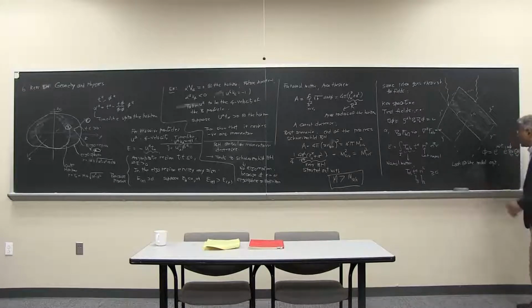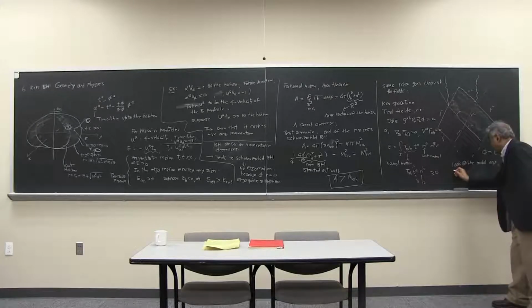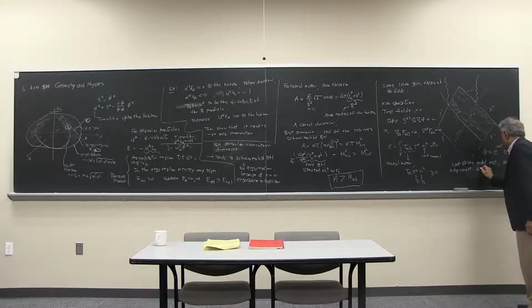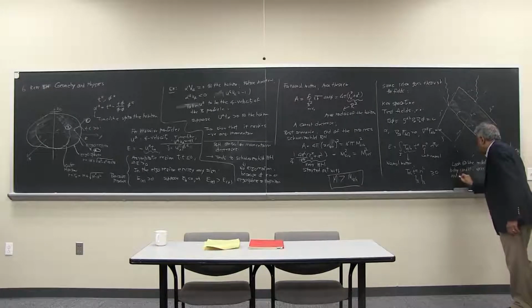Look at the radial equation and put the boundary condition that the wave is ingoing at the horizon. The mode is ingoing at the horizon and outgoing at infinity.